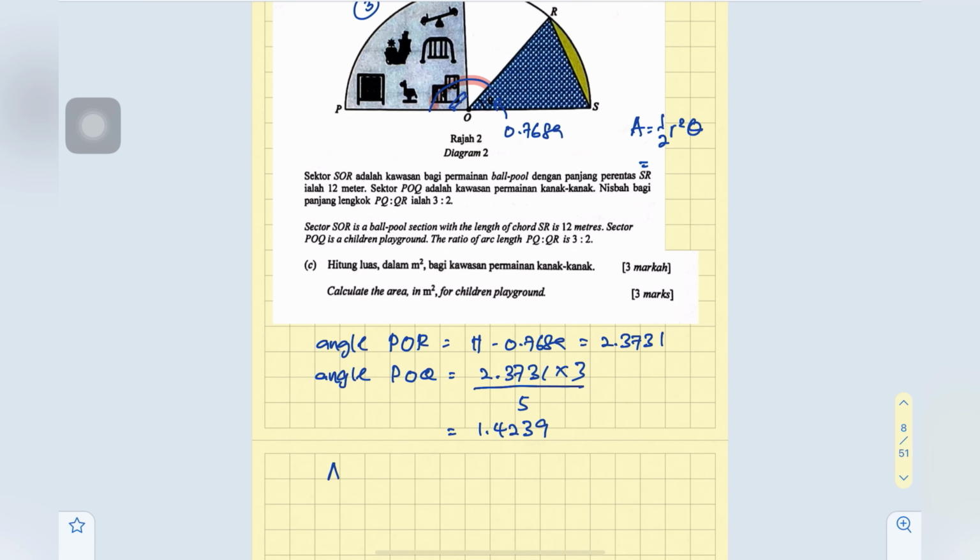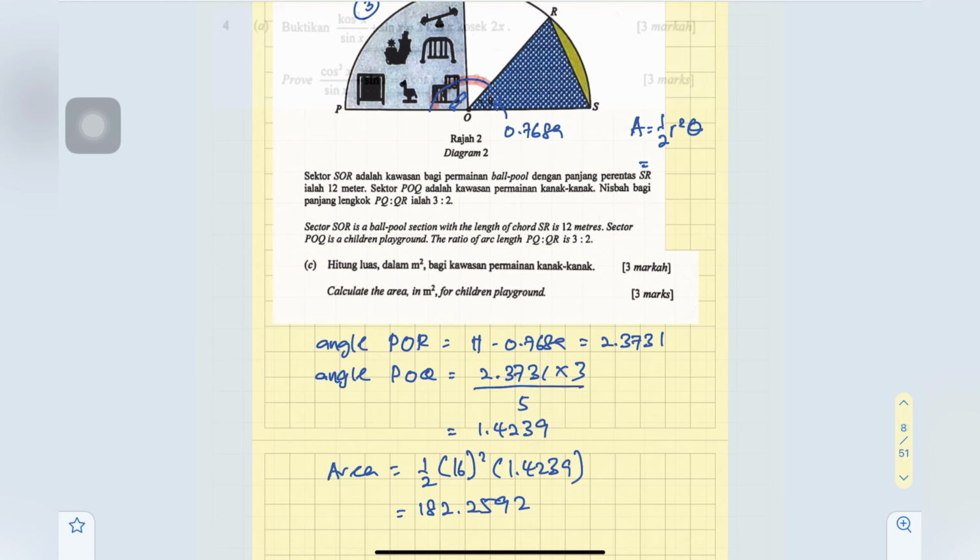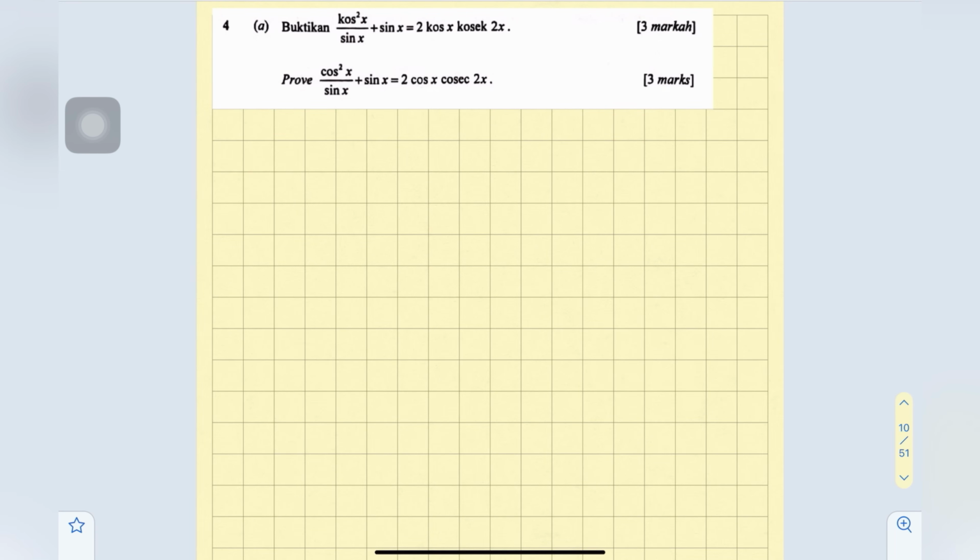Then we can find the area by using 1 over 2 r squared theta. R is radius, which equals 16, and theta is 1.4239. This one equals 182.2592.